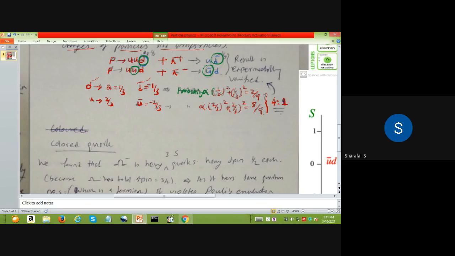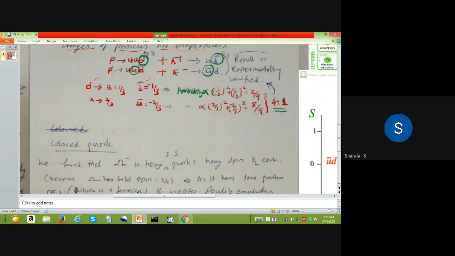So 1 by 3 for d, 1 by 3 for d bar. So minus 1 by 3 will come, but if you take that square, it will become 2 by 9. Similarly, here also we have minus 2 by 3, and when you take that square, the minus will get cancelled. So then we have 8 by 9, and if you take that ratio, then it will become 4:1.